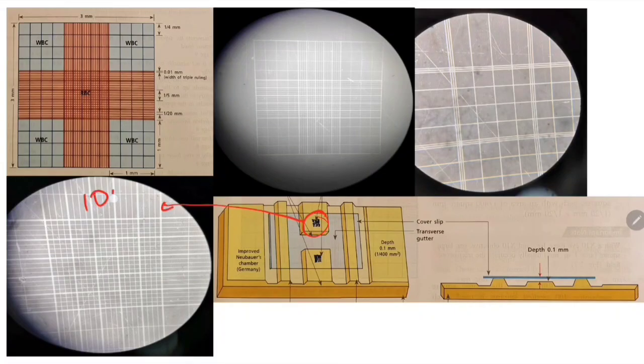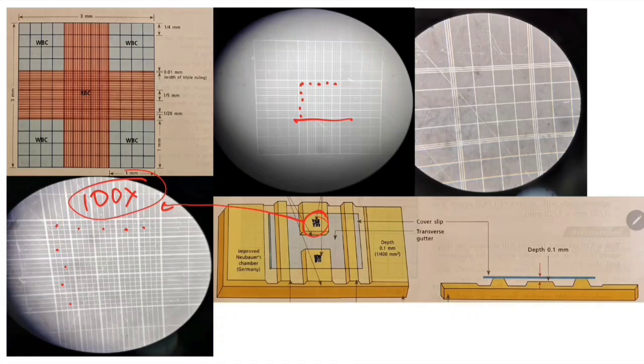Here we can see 1, 2, 3, 4, 5. Then again 1, 2, 3, 4, 5. So 5 into 5. This 1 millimeter area has 5 into 5. Let's count here: 1, 2, 3, 4, 5. Yes, 1, 2, 3, 4, 5.